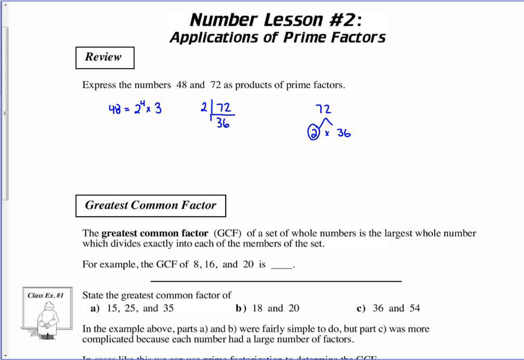How many times? 18. And 2 can go into that one. 9 times. And last, 3. So 72 would be 2 to the power of 3 times 3 squared.